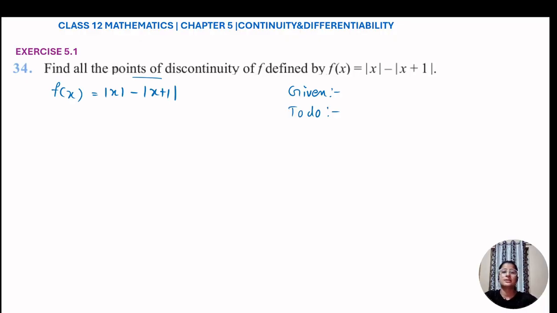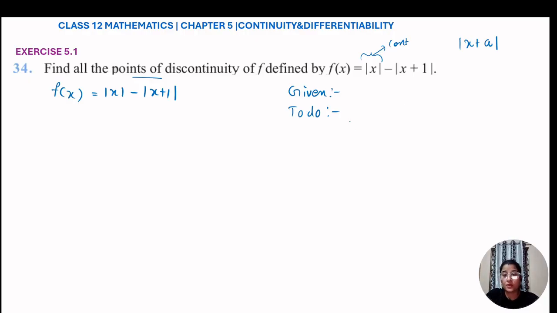Now, as you can think graphically, it is very well known that mod x is a continuous function in its whole domain, that is the whole of R, and mod x plus a is a continuous function on the whole of R. So by using algebra of continuity, we can directly say that my f of x is continuous at each and every point.